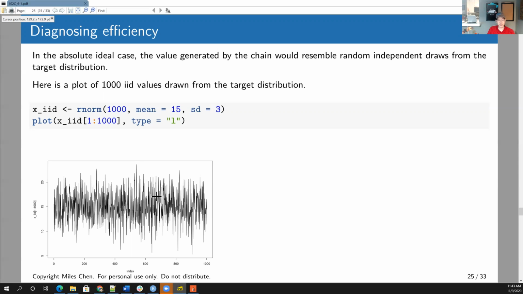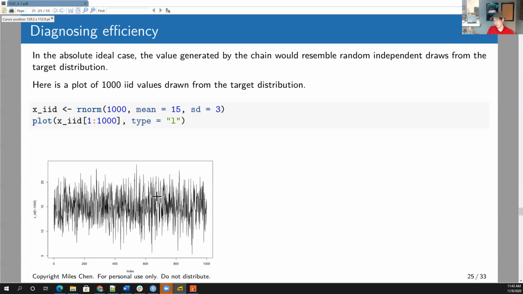So it is impossible to get a Markov chain where the next values are independent. But what we want is for it to look like they're almost independent.